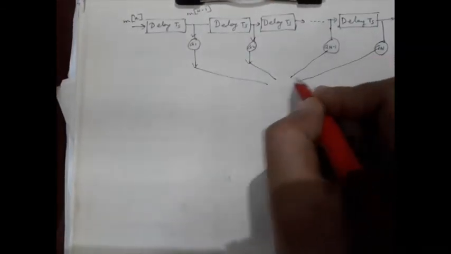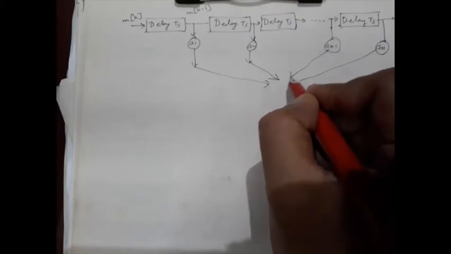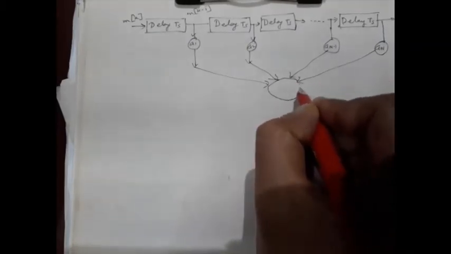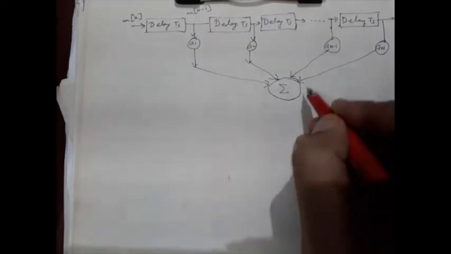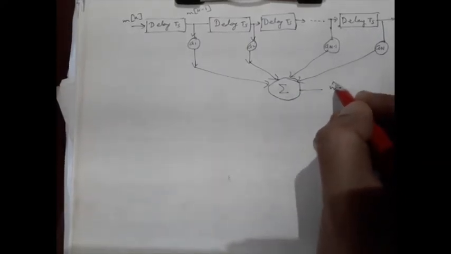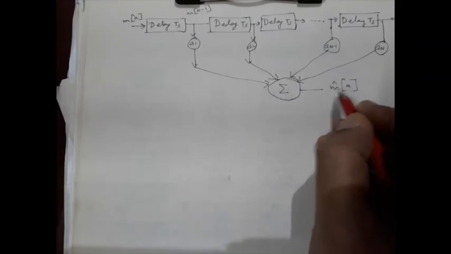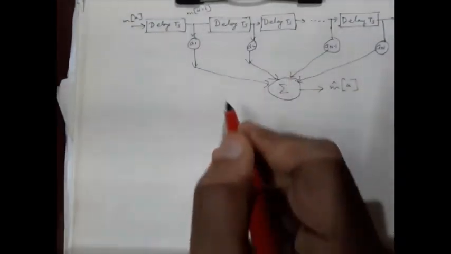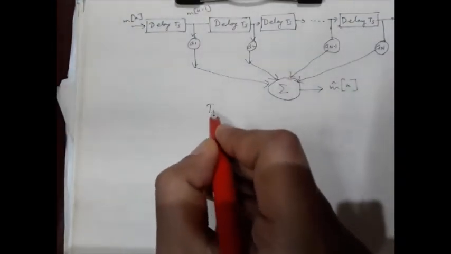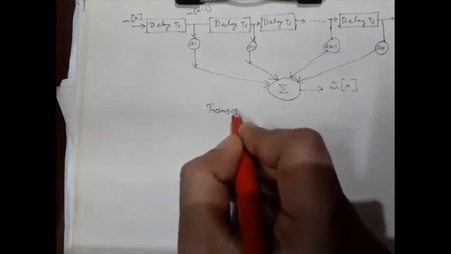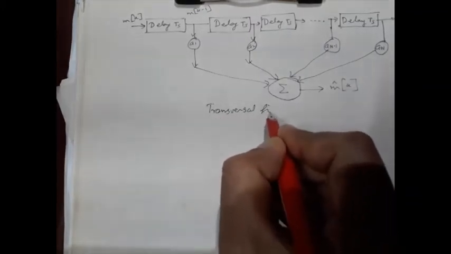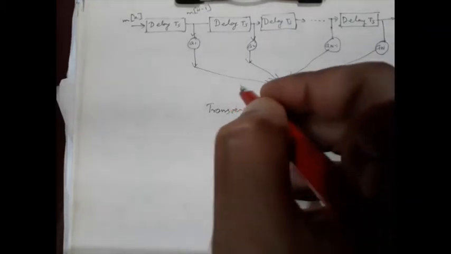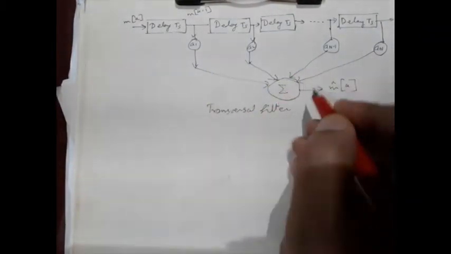All of them are added, and the output is m cap k. So this is the required hardware. This is also called the transversal filter or tapped line filter, or also called the linear predictor.